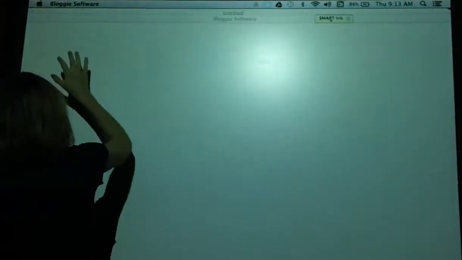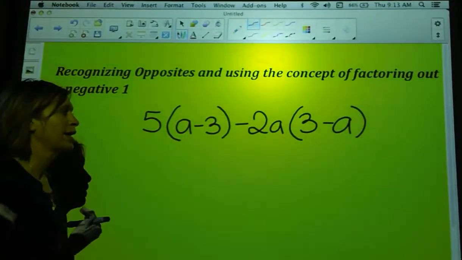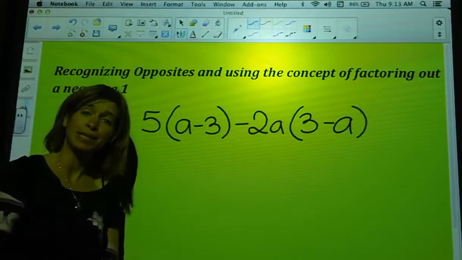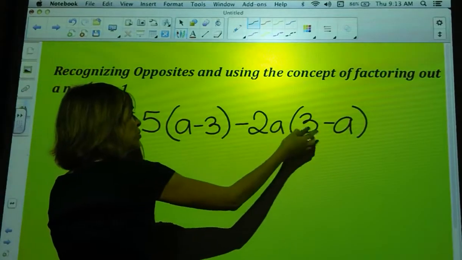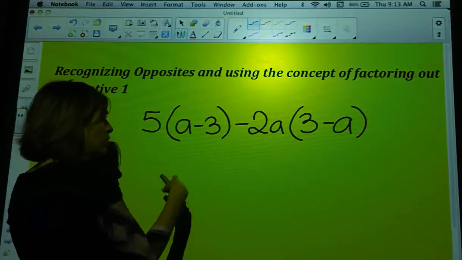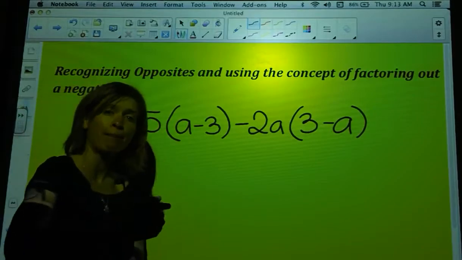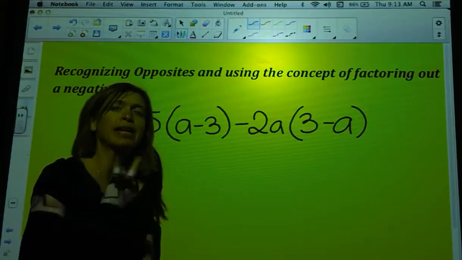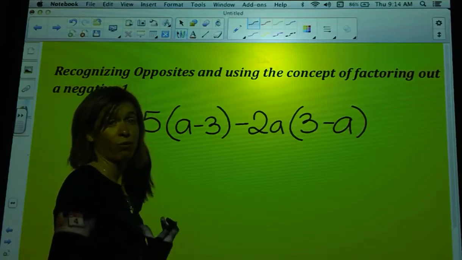We also have to be able to recognize the concept of something called the opposite. I looked at this and I thought, could I distribute and then work backwards? I absolutely could, but also recognize that 3 minus a and a minus 3 are opposites. So I can make them exactly the same by taking out a negative 1 out of one of them.